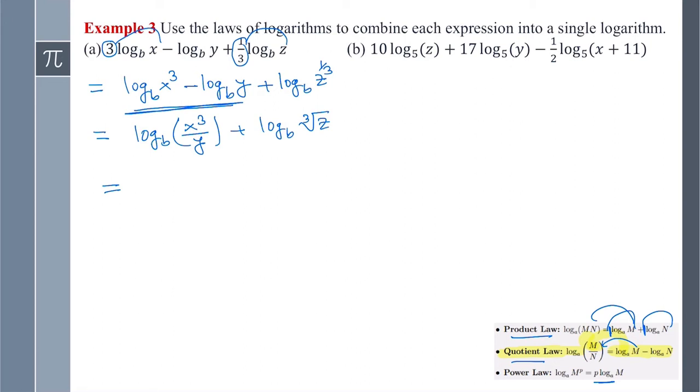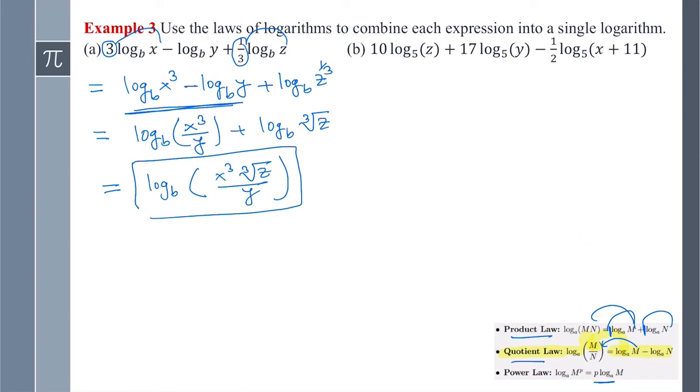We have a sum, that means we can combine them as a single log by multiplying the quantities inside the log. So this becomes log base b of x cubed cube root of z divided by y, and that is the single log that we are asked to find.